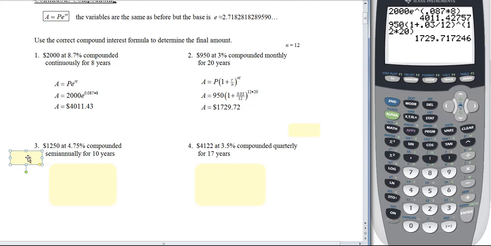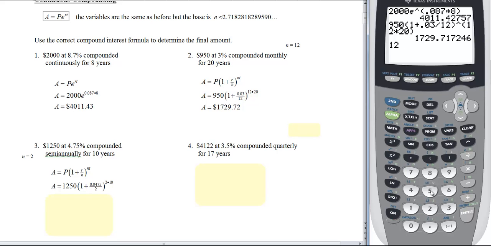There it is. This one, I've got $1,250 at 4.75% compounded semi-annually for 10 years. Semi-annually, N would be 2. So the formula I need is this compound amount formula, since it does not have the word continuous. So 1,250 goes here. My R would be 0.0475. N would be 2. And my time would be 10. So try putting this in your calculator. This time I'm going to multiply that, so I don't have to use another parentheses.